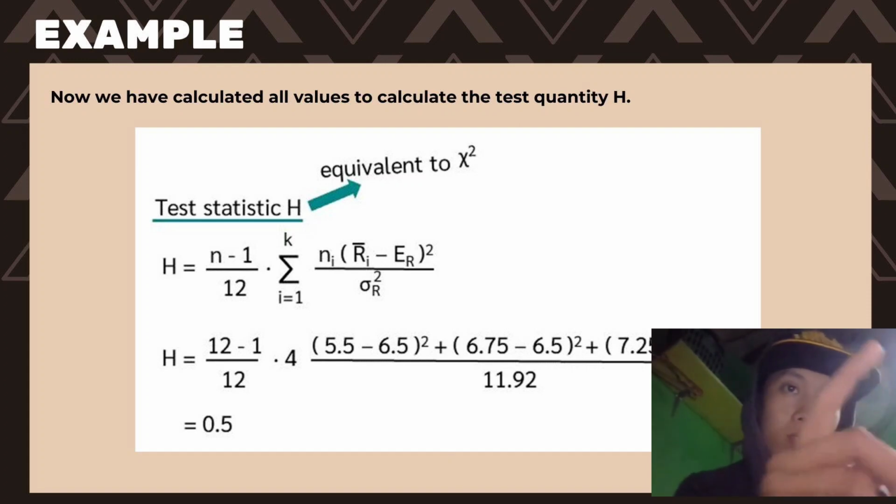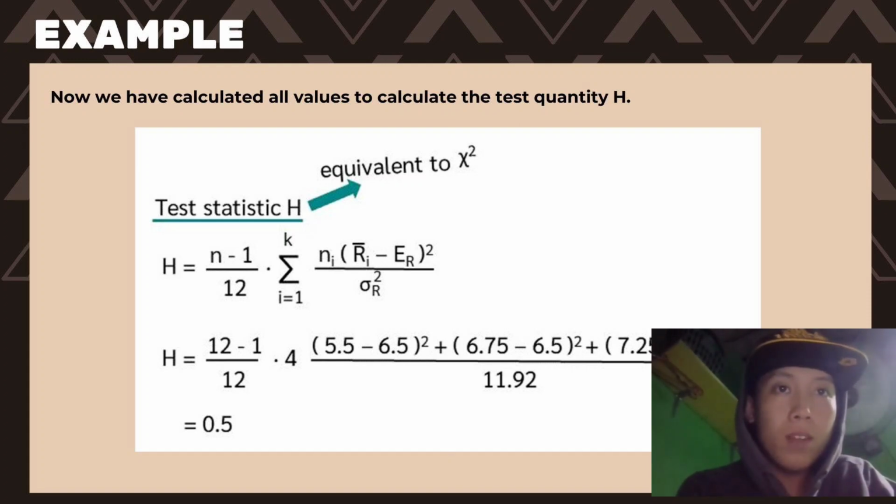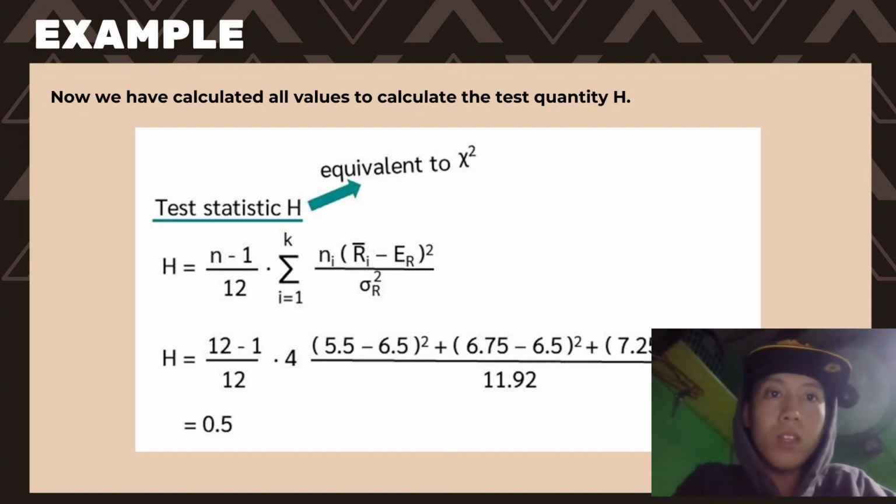Then, next is the mean rank for the second group, 6.75 minus the expected value of ranks. And our mean rank for the third group is 7.25 minus 6.5, which is the expected value of ranks, divided by 11.92, our rank variance. So, it equals 0.5.